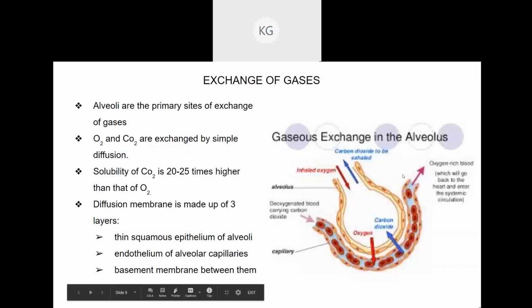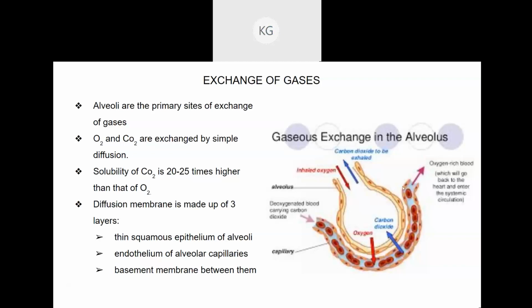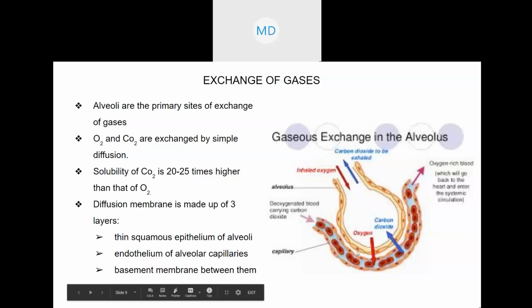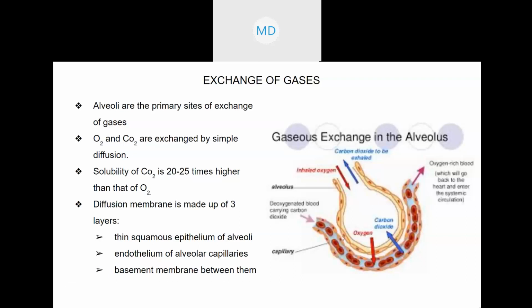It is sort of a cycle. Deoxygenated blood is also carried, yes. Deoxygenated blood is carried inside, and only then can we replace the carbon dioxide with oxygen, right? Deoxygenated blood means blood carrying carbon dioxide.